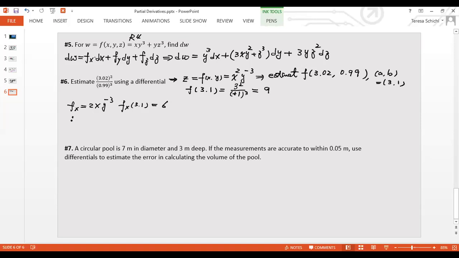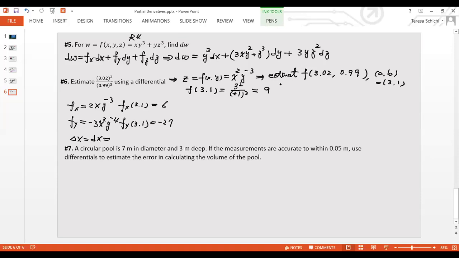Then the partial derivative with respect to y will be -3x squared y to the -4. Then plugging in (3, 1), 3 times 9 is 27, so it will be -27. Very good.